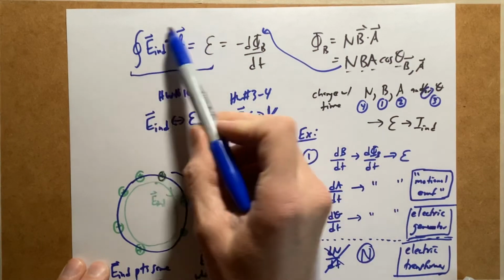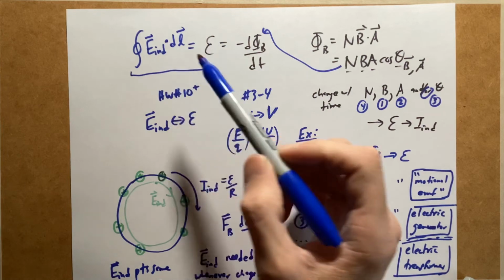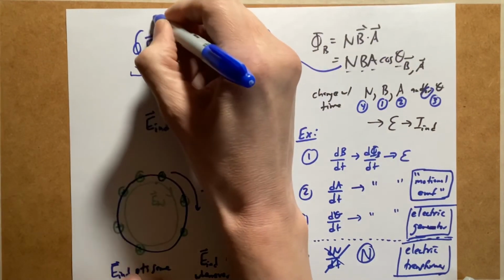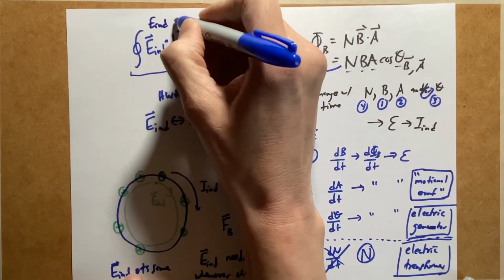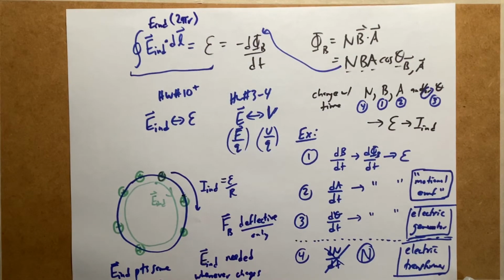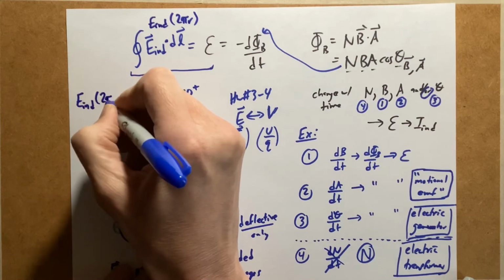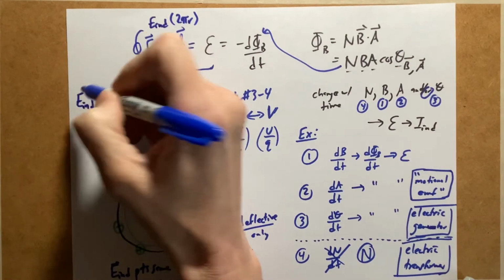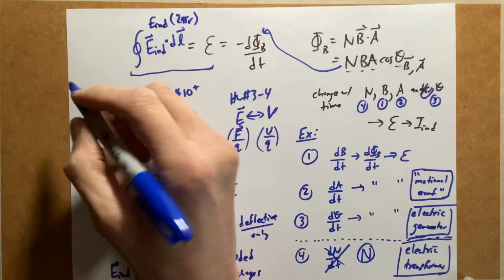So this line integral looks exactly the same as Ampere's law. In fact, it works exactly the same way. This ends up being just E induced times the integral of dl, which is just L, and the length around is just 2 pi r. So in essence, if you want to get the induced electric field, you just take the EMF that you've already found and divide by 2 pi r.